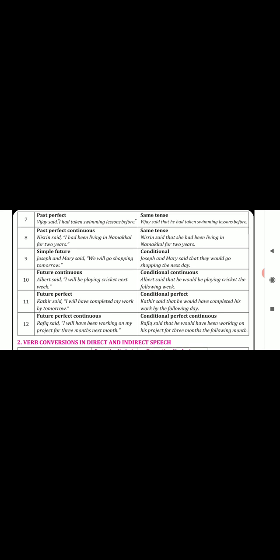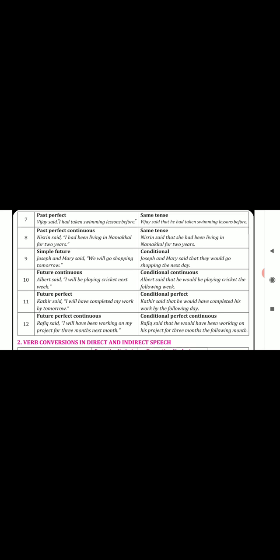So let us come to the future tense. First of all, let's know the simple future. Let us look at the example. Joseph and Mary said, "We will go shopping tomorrow." So here simple future tense has been used in the reported part: will go.